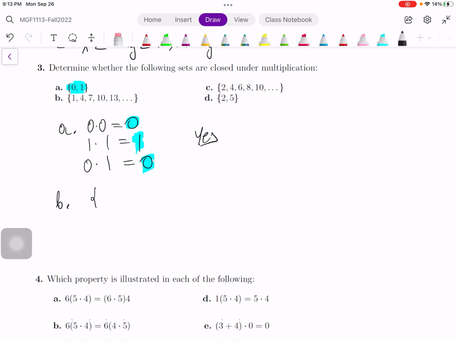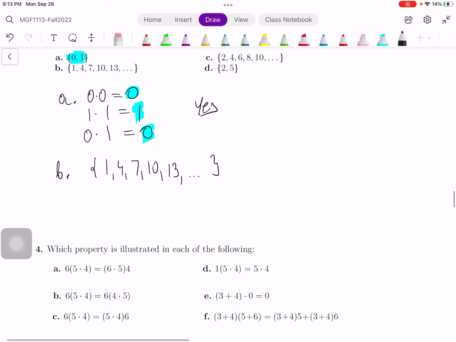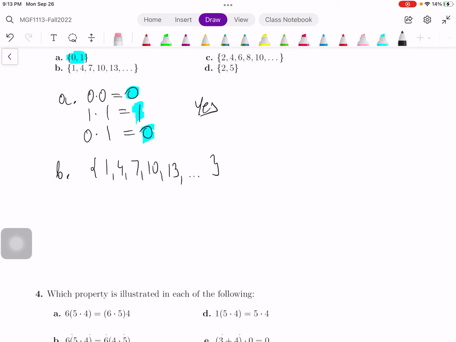Let's look at B. 1, 4, 7, I'm going to rewrite it. 13 and so on. So that's terms of an arithmetic sequence. It increases by 3, right? So let's see. That's a tricky question because there are so many, I cannot list all possible multiplications, right?